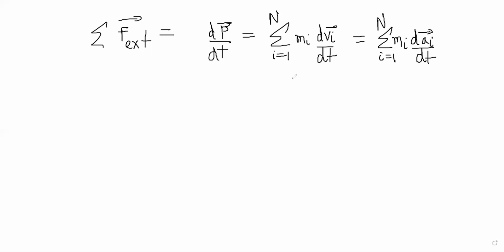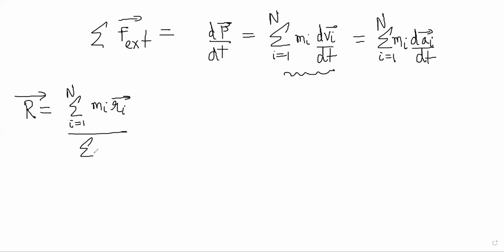Now, once we get this, we can define something called a center of mass. Because now we will see, if we define center of mass of a system as the coordinate, summation i equal to 1 to n mi ri by total mass, summation of i for mi.